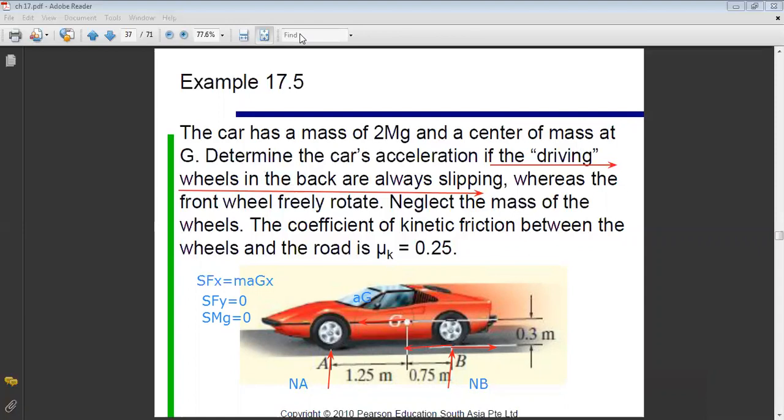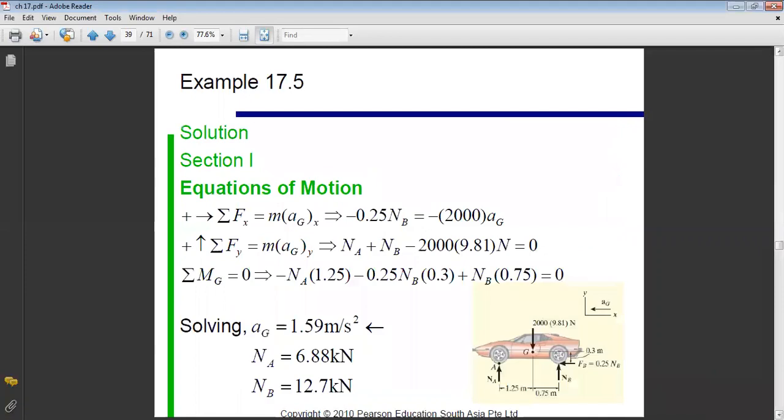So let us write the three equations and solve for the system. First, this is my free body diagram. If I write sum of x equals MAG_x, with the positive direction to the right, then I have minus mu kN equals minus MAG.